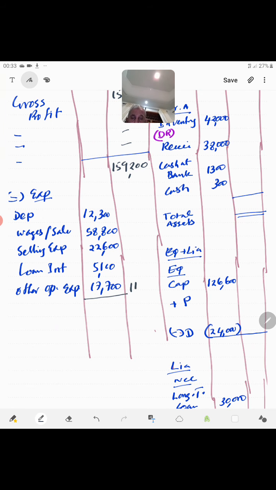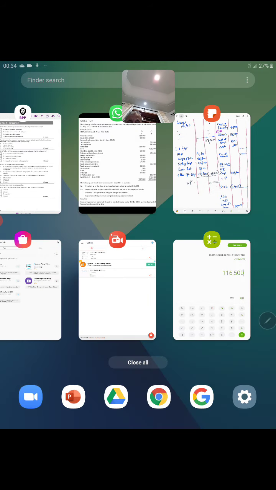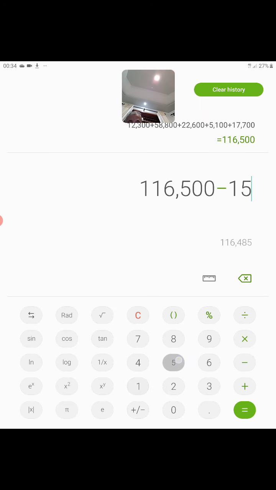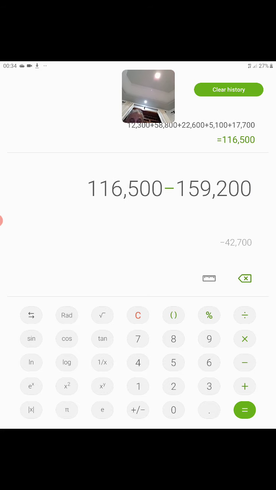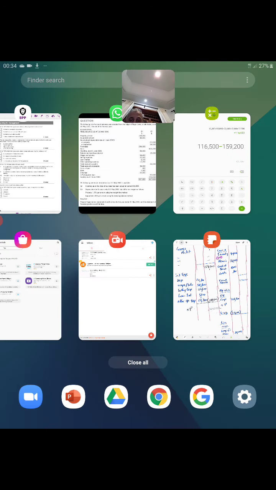So that is the total expense. So net profit will be 159,200 minus 116,500, which is 42,700. That is the net profit.